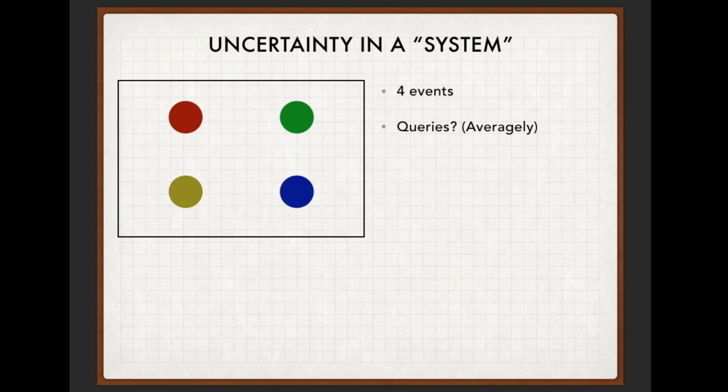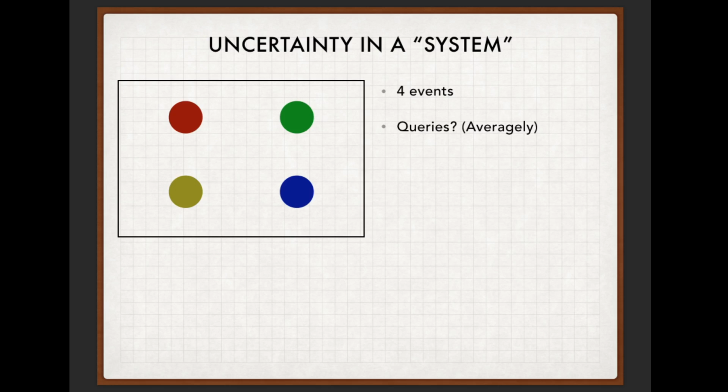For example, if you have designed a system of asking questions, we don't judge its efficiency by using it to figure out one marble color. We might want to repeat the experiment 10,000 times, take the total number of questions asked, and divide it by 10,000 to get the average number of queries needed.